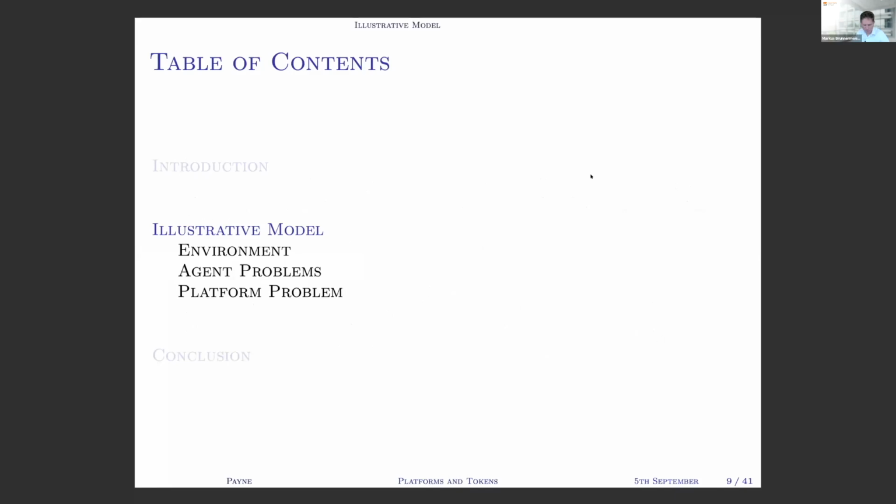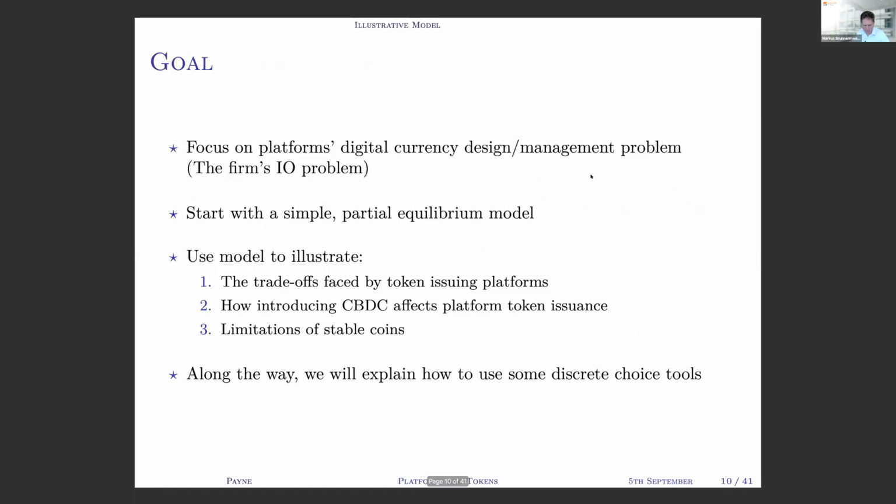So this is a simplified version of the model we're working with. Let's dig into it. We want to focus on the firm's IO decision, as we've talked about. We're going to start with a simple partial equilibrium model, and we want to use it to illustrate the trade-offs that the platform faces when they decide how to undertake token issuance.